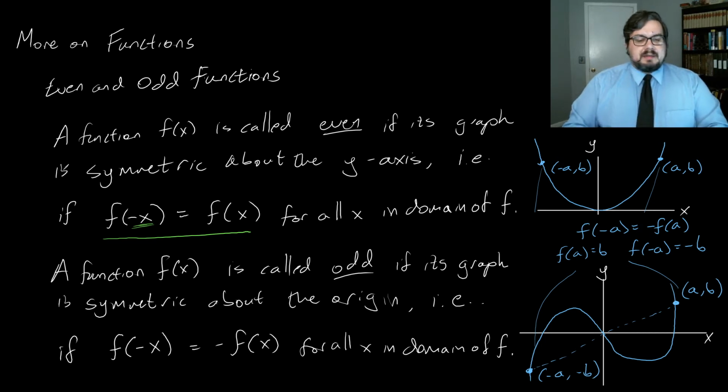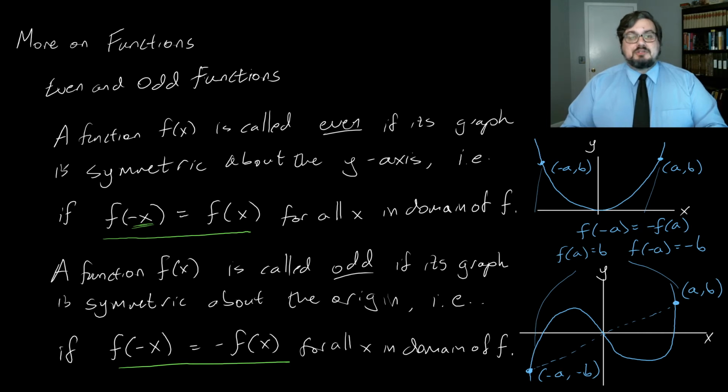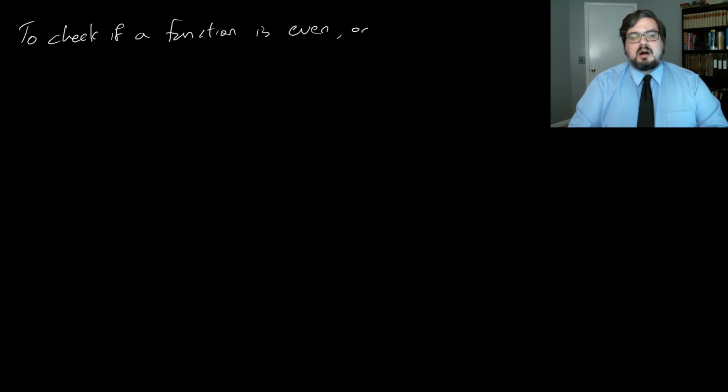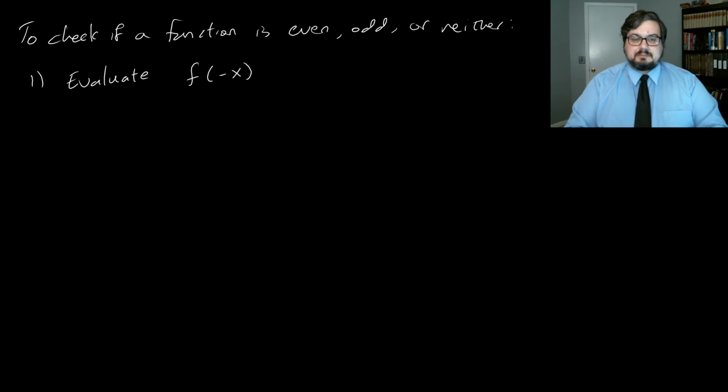So the fact that we have a similar algebraic condition here for the two properties of even and odd suggests a strategy for detecting whether a function's even or odd that we can use pretty much all the time. So, to check if a function is even, odd, or neither, we do the following. Step 1, we evaluate f of negative x.